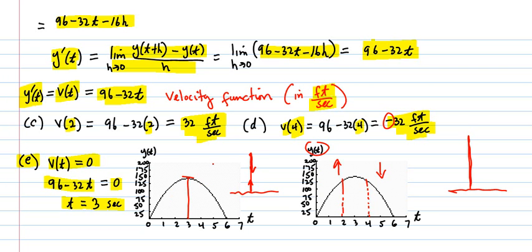So the velocity was 0. It was shot off at an initial velocity and it hit the ground at a velocity that was not 0, but at t equal 3 seconds, that's where it hit the top it's ever going to be and came down.